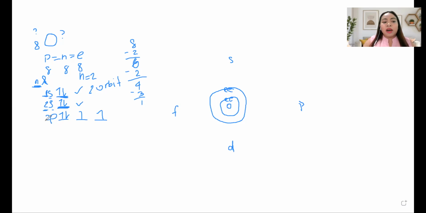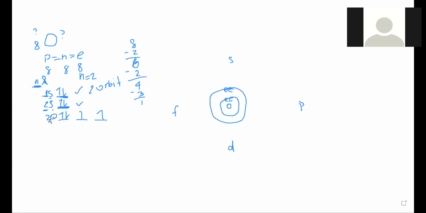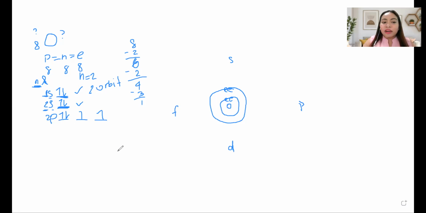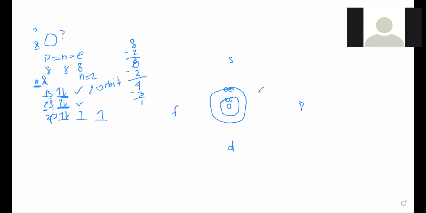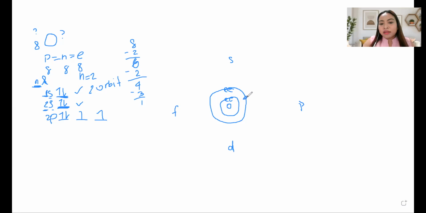So 2p means we are still on the second orbit, but on the p side. How many electrons are there? There are 4. So we have 1, 2, 3, 4. That's how you will create your Bohr's atomic model for oxygen.